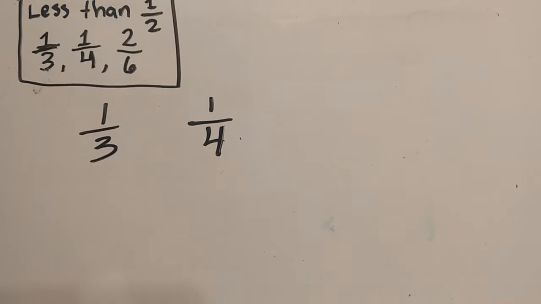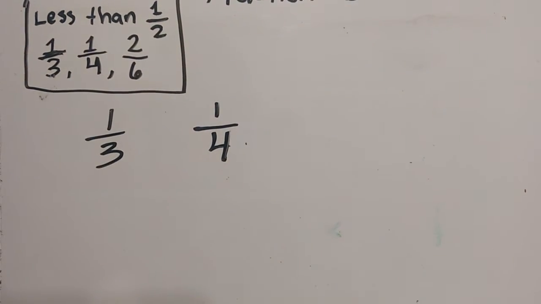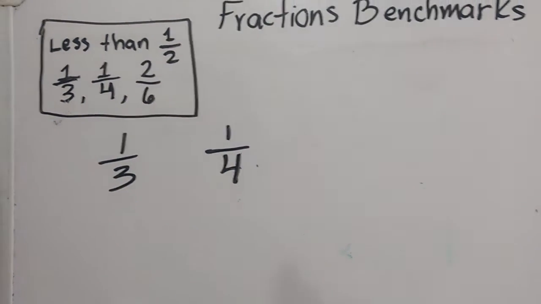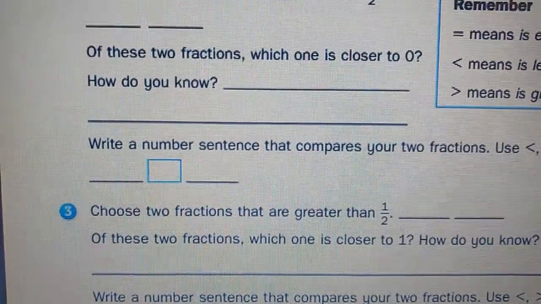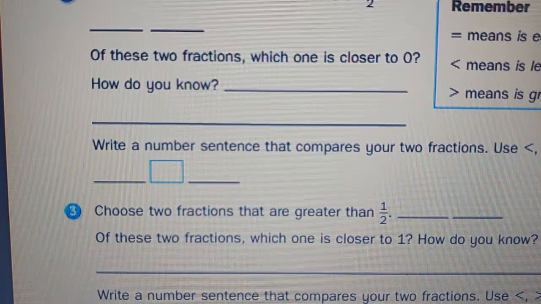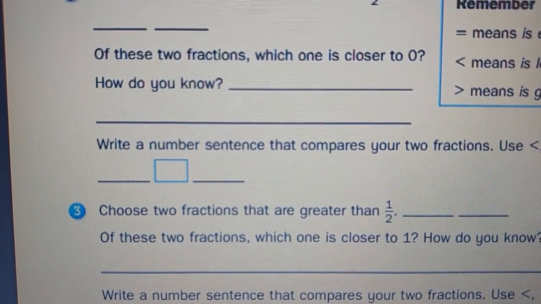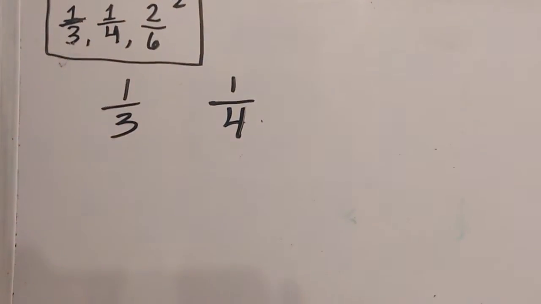So in this case, I'm going to write down the answer. I'm going to zoom out here. Of these fractions, which one is closer to 0? How do you know? So we're going to write down the answer.